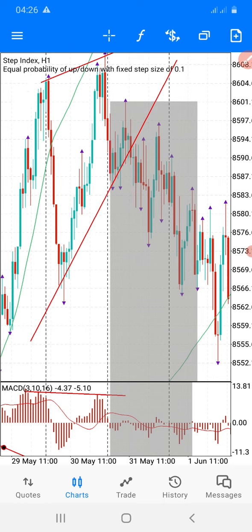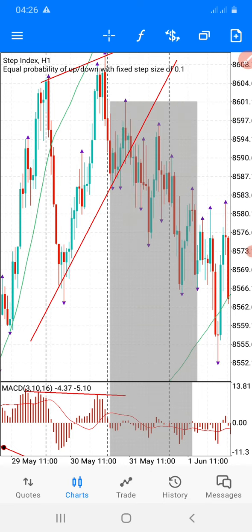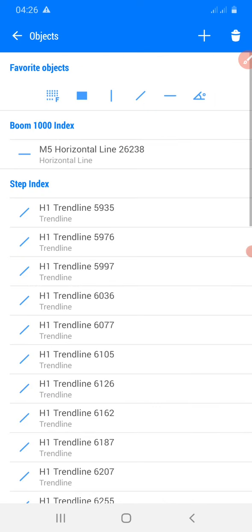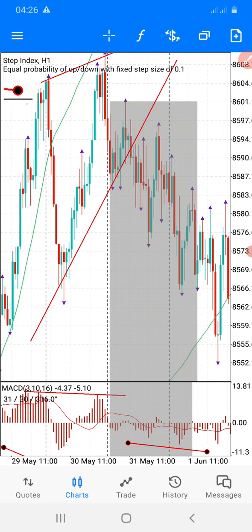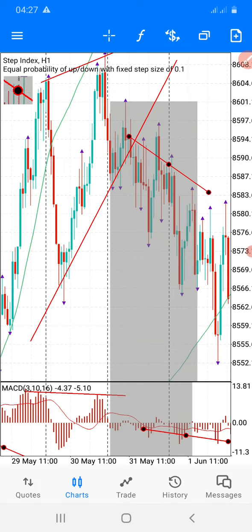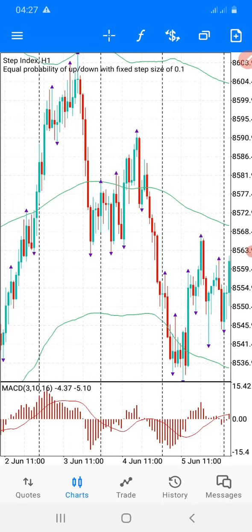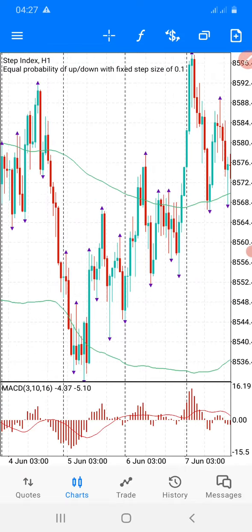It just happened here. And then after this beautiful break of structure, we have a cross. Also, the histogram begins to form below the zero line. And here, the trend line was broken and the market retested. So any of these will give you a reasonably perfect entry.